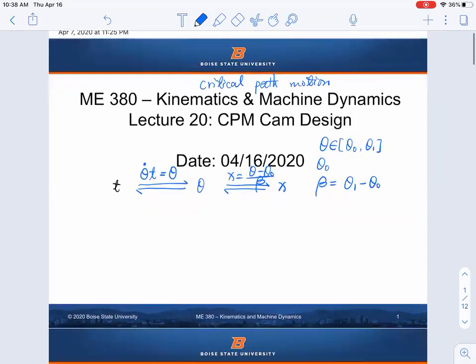There are a few things you need to remember. As I said before, in order to do cam design, eventually what we need to find is S theta. That's our target. In order to find that S theta, there is one critical requirement: your V theta and A theta are continuous.